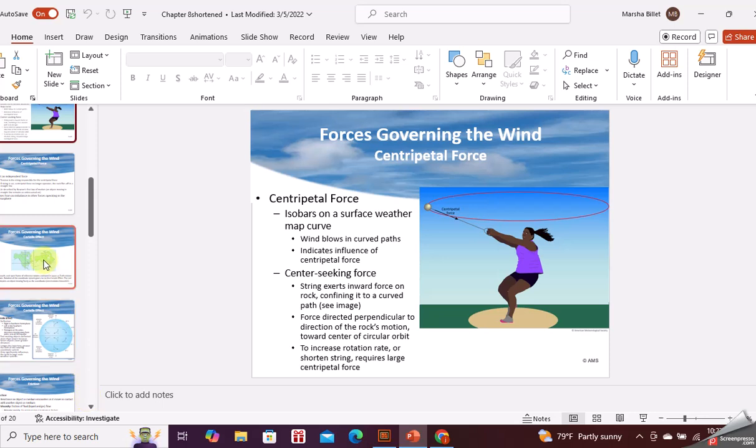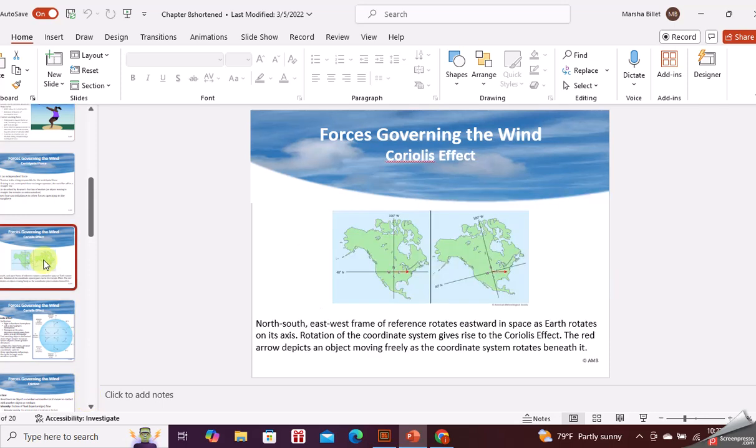So another force, it's a little more fun. Coriolis force. We have a rotating Earth. The Earth, instead of not rotating at all, it rotates. So you think about it, in one day, one place on Earth is going to go all the way around.